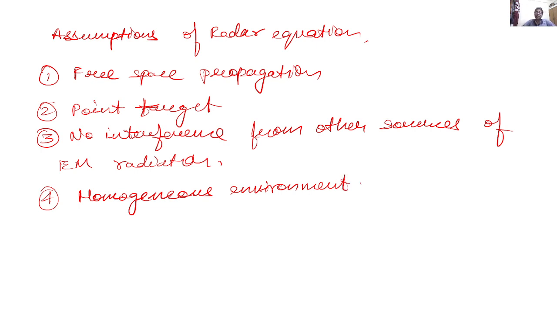So it assumes that there are no variations in the atmospheric conditions or other environmental factors that could affect the radar signal quality. The atmosphere can have variations in temperature, density, humidity, and pressure, and that can affect the speed and direction of the radar signal, which this equation, of course, does not take into consideration. It is a very simplified equation, by the way. So with this, we are done for the day, I believe.